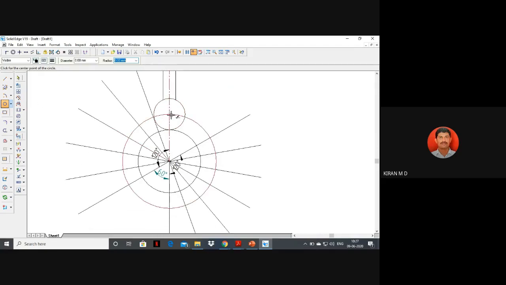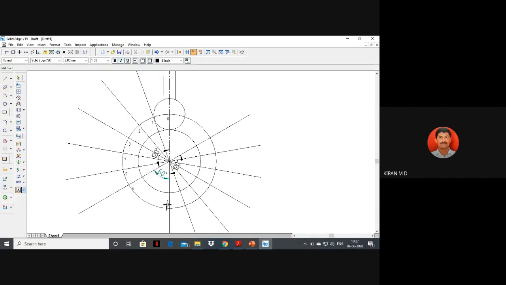So now you mark the points here. Instead of marking the points on the base circle, you mark the points here. So this is 0 we have considered. This is 1, 2, 3, 4, 5, 6.